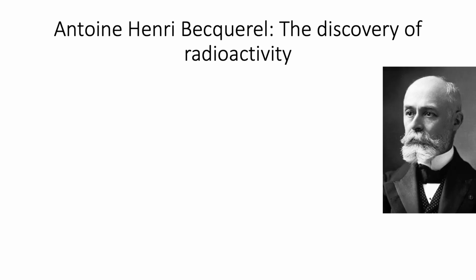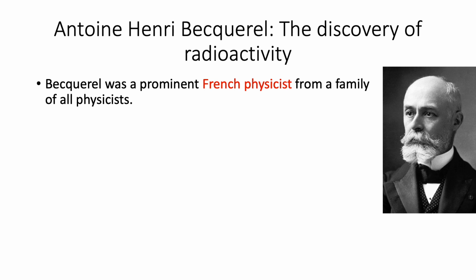Now let's look at Antoine Henri Becquerel and the discovery of radioactivity. So there is Becquerel on the right side, and Becquerel was a prominent French physicist from a family of all physicists. His father was a physicist, his son is a physicist, and he himself is a physicist.